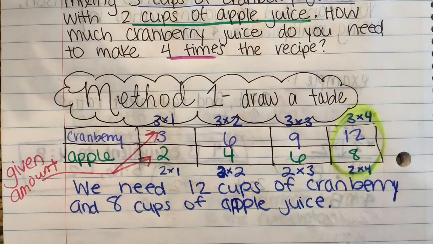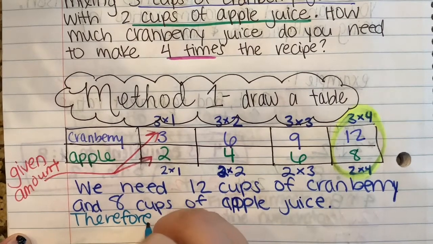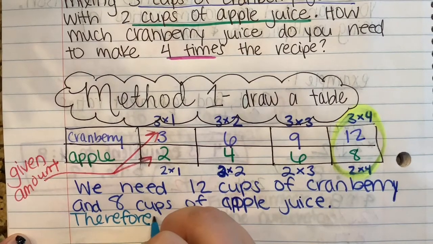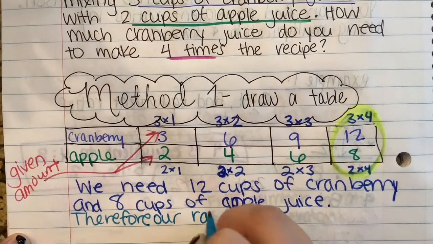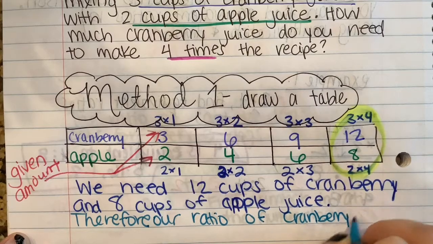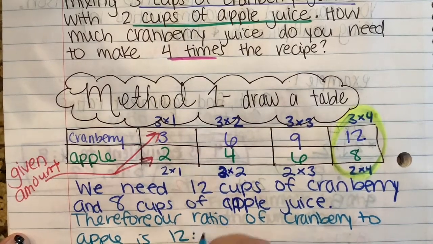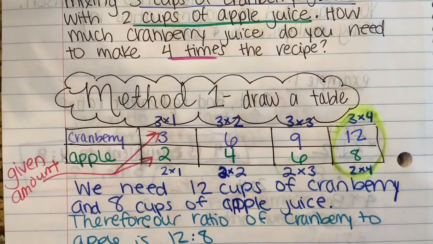Therefore, our ratio of cranberry to apple is 12 to 8.